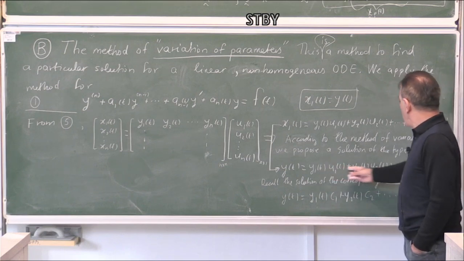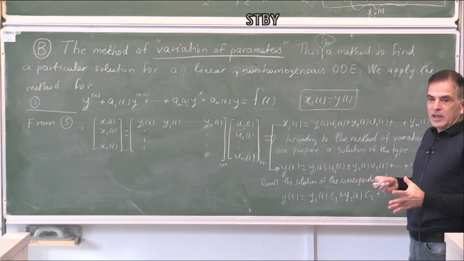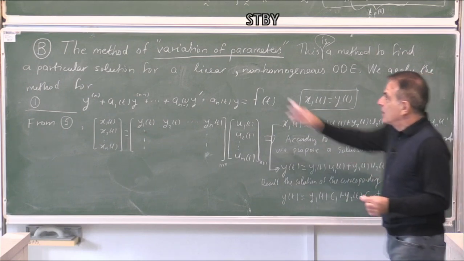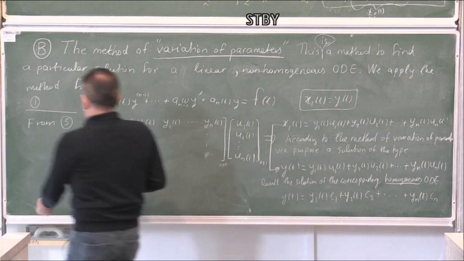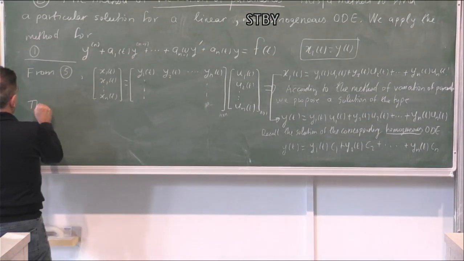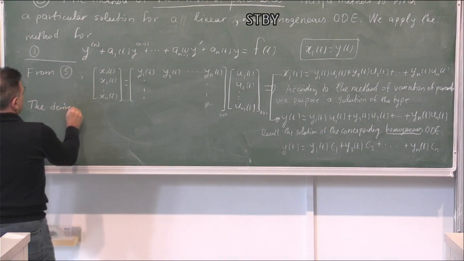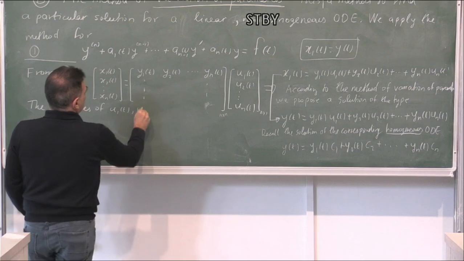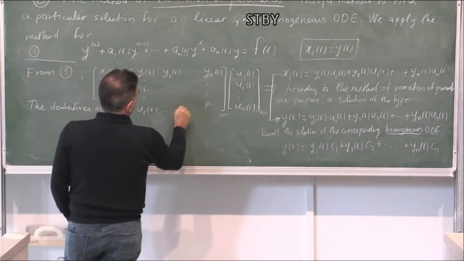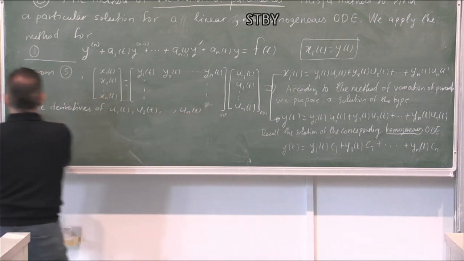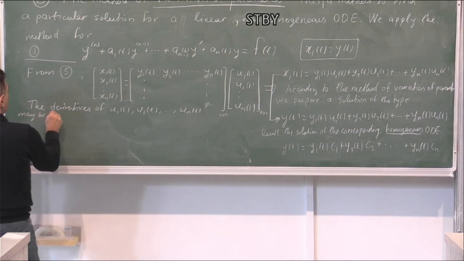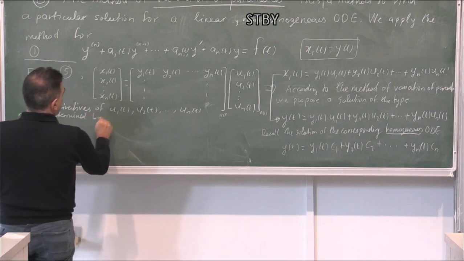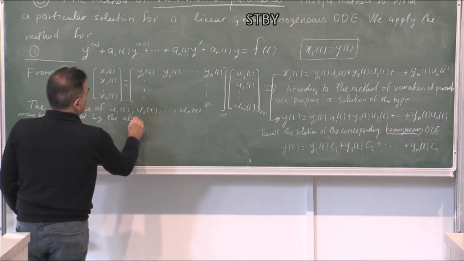So how can we find u1, u2, un? Not u1, u2, un directly, but their derivatives can be determined from this system, by the algebraic system.